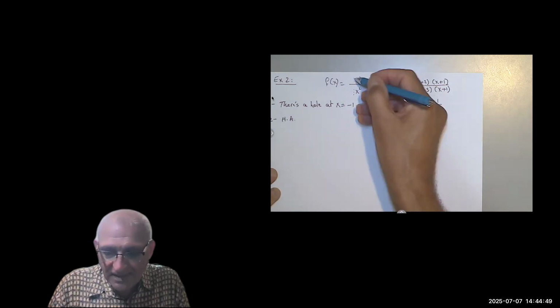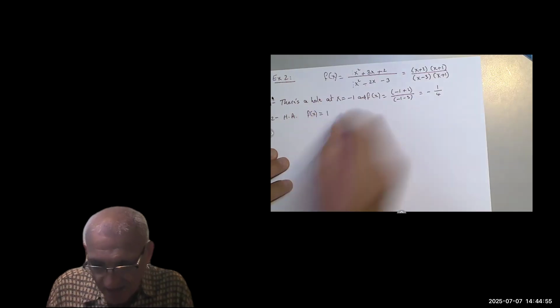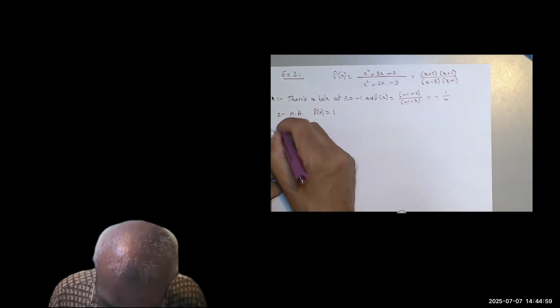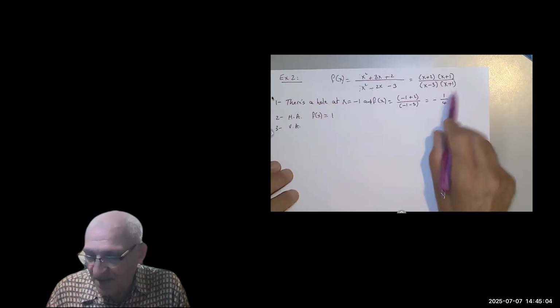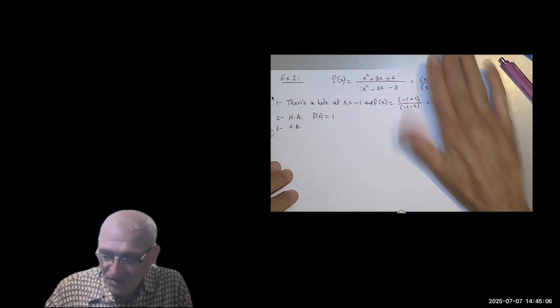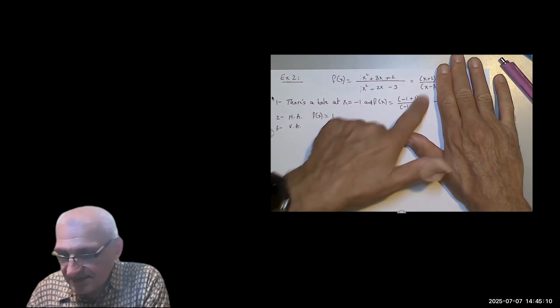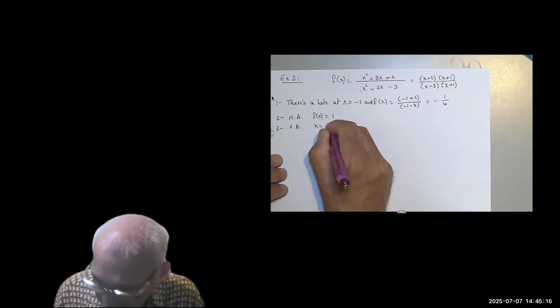So I divide 1 by 1, I get f of x equals 1 as the horizontal asymptote. If you want to see where the vertical asymptote is, you ask what makes the denominator equal 0? Remember, negative 1 is already a hole, so we delete it. What makes the denominator 0 is x equals 3. So the vertical asymptote is x equals 3.